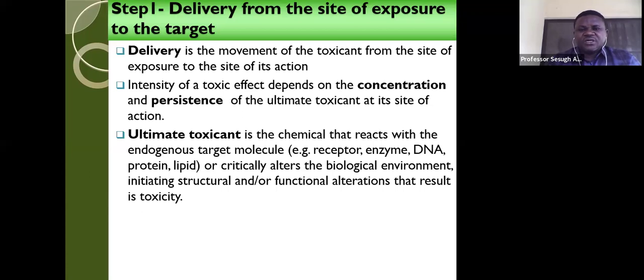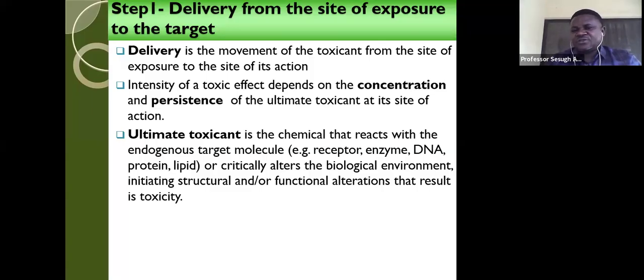We also mentioned that intensity of a toxic effect depends on the concentration. So it has to do with how much of it is deposited in the system and whether it is possible to stay for a long time or short time.